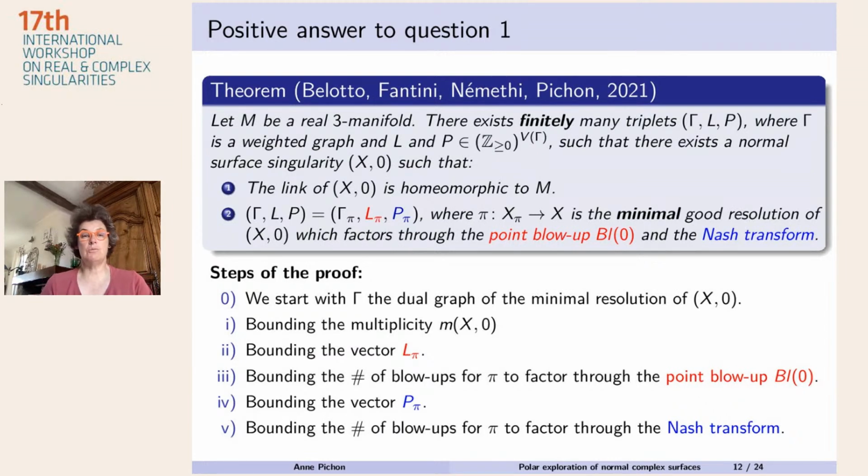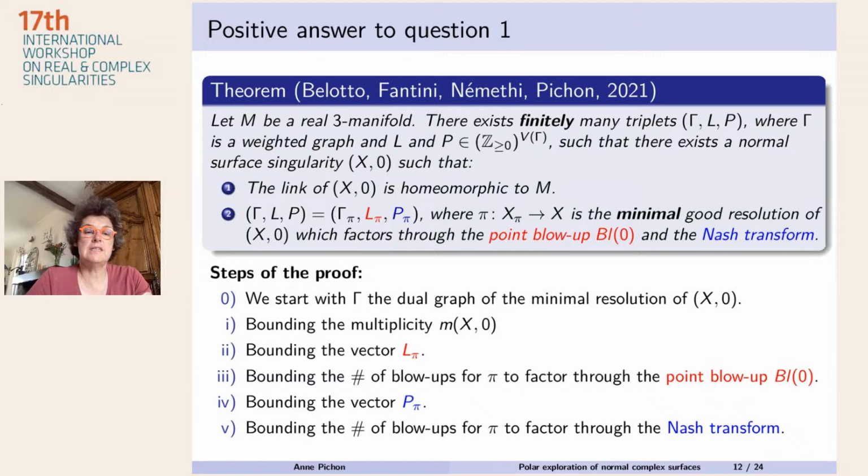Okay, so now starting with such a data, you can recover all the triplets gamma pi, L pi, P pi. So the proof is a little bit technical, fairly technical actually. And so here I give the steps. So you start with gamma, the dual graph of the plumbing graph of M. So it will be the minimal resolution graph of X, okay?